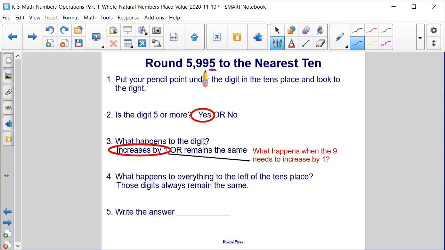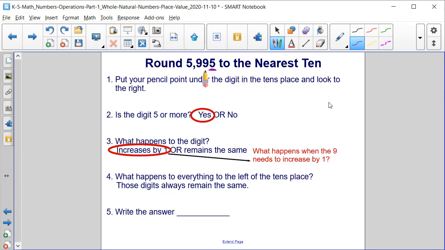Does it increase by 1 or does it remain the same? It increases by 1. But wait a second. If I have 9 and I increase it by 1, it's going to end up being 10. Or if I have 90, because that's what 9 in the tens column represents, and I add another 10 to that, it's going to be 100.